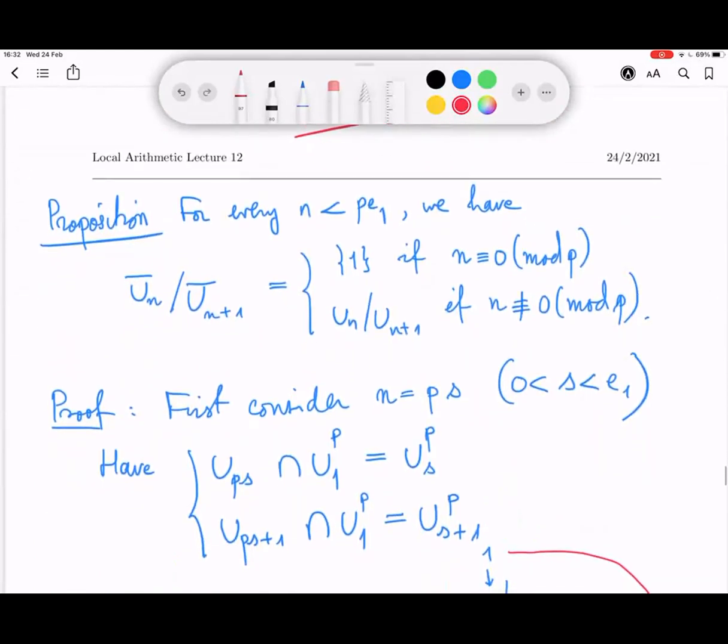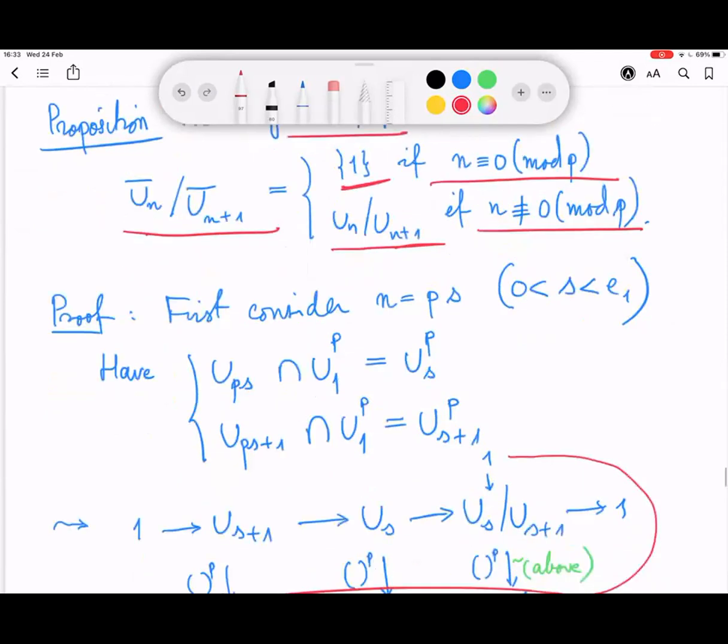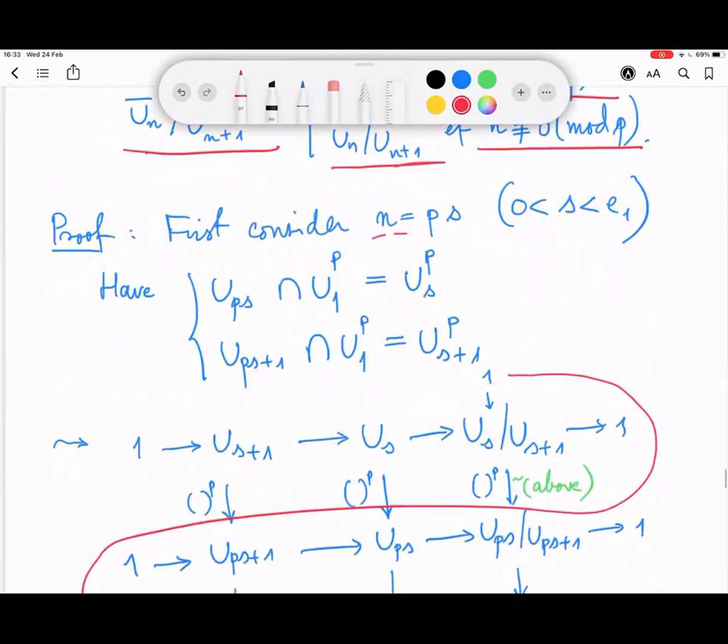So the first assertion is that for n strictly less than pe1, the quotient Un bar modulo Un plus 1 bar is trivial if n is congruent to 0 mod p, meaning it's divisible by p, and it's Un modulo Un plus 1 if n is prime to p. Okay, so just first consider the case when n is a multiple of p.